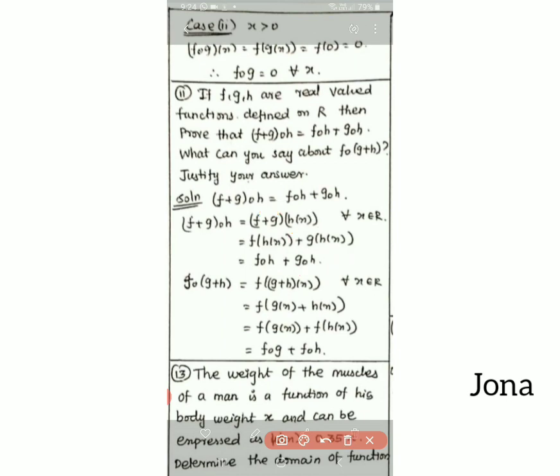And then again we want to take the second one, f dot of g plus h. Here this g plus h is a function, so we have to take f of (g plus h) of x, and then inside this bracket I want to remove the brackets.